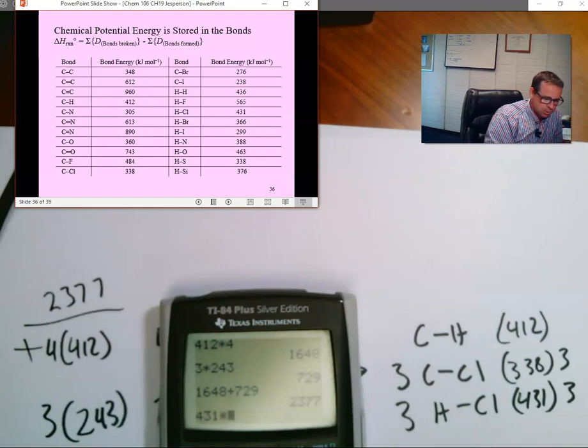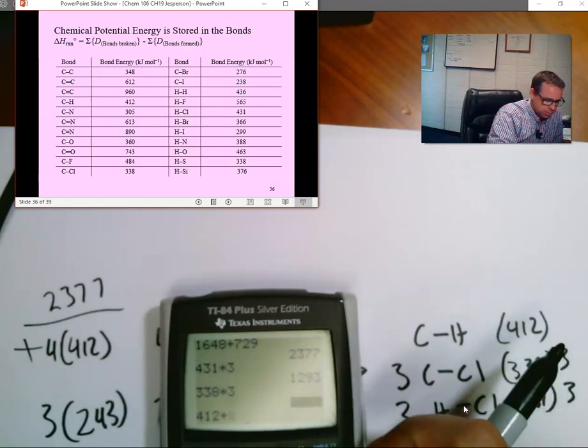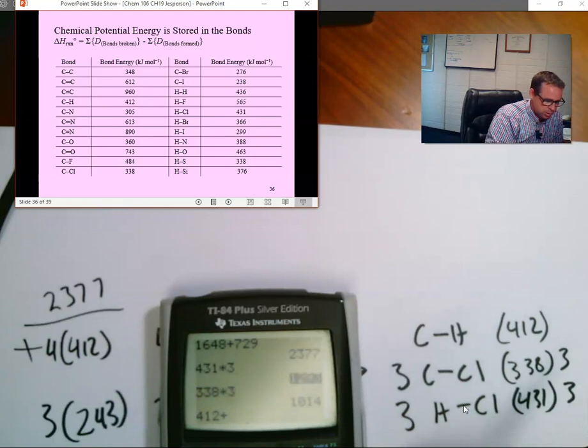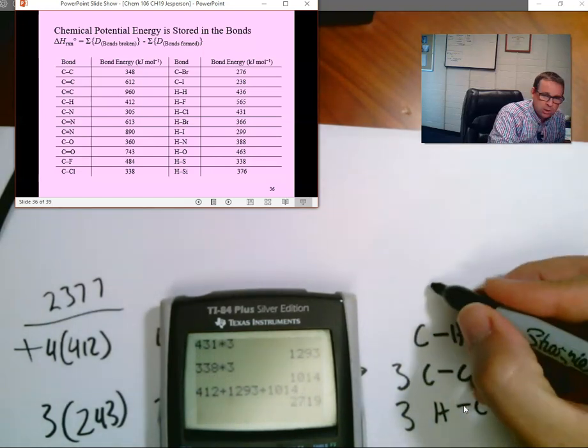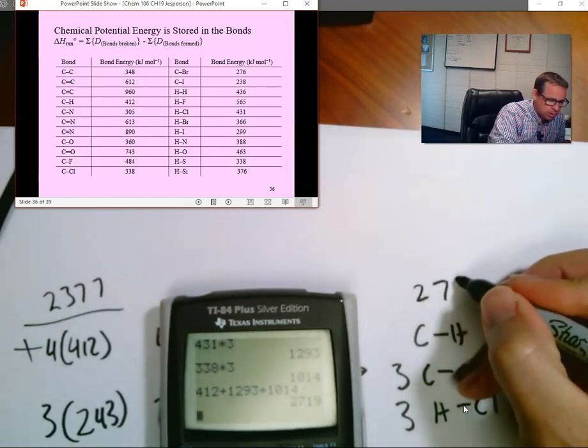431 times 3 over here on my product side. 338 times 3 as well, and then 412. So 412 plus this value plus that value. So we're looking at 2,719.